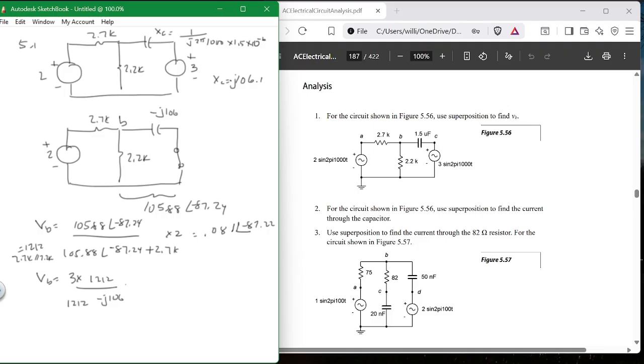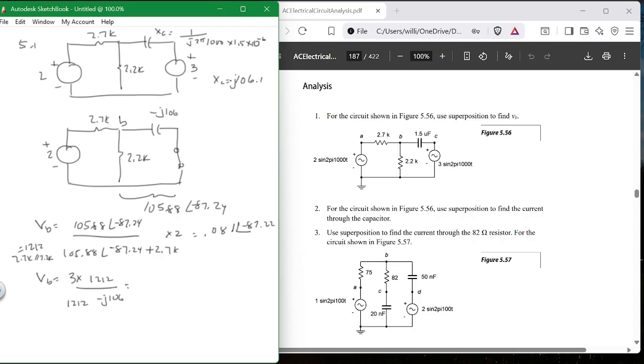Okay, so what is the answer here? And then what we're going to do when we get done, we add them together, right? So what is 3 times 1212 divided by (1212 minus 106I)? Messed it up.